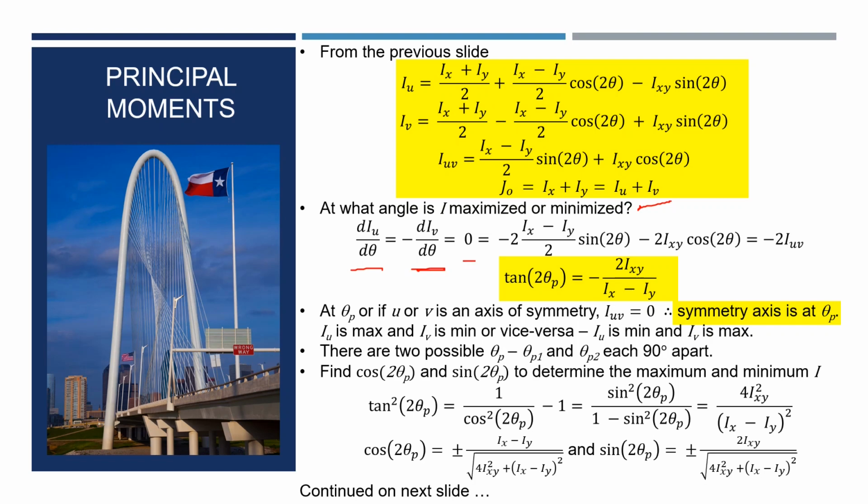Set them equal to 0 at the principal axes, and you get this trigonometric expression when you do your calculus. Notice that it equals negative 2 I sub UV. And so just finding an expression, tangent theta p is this.